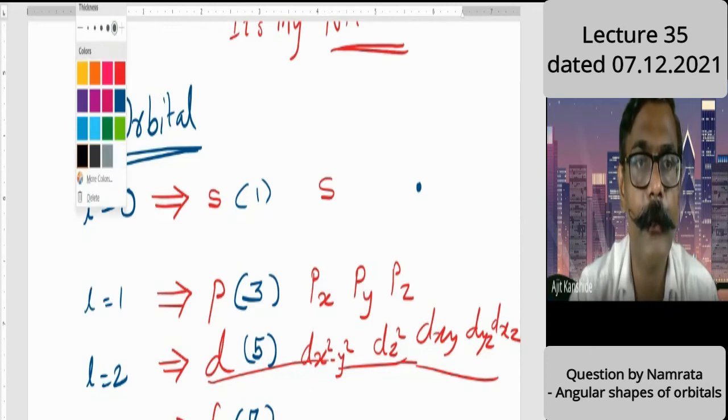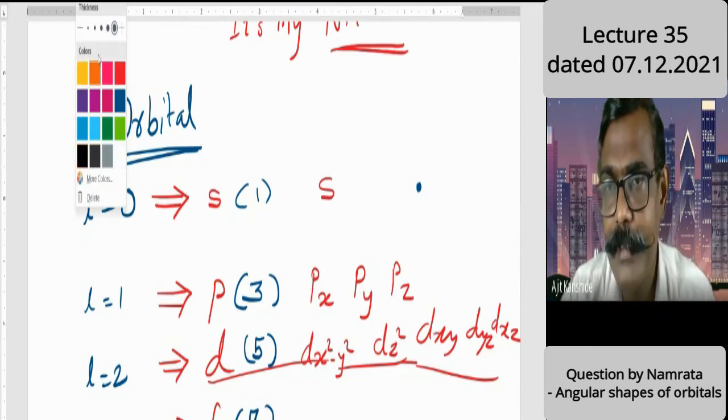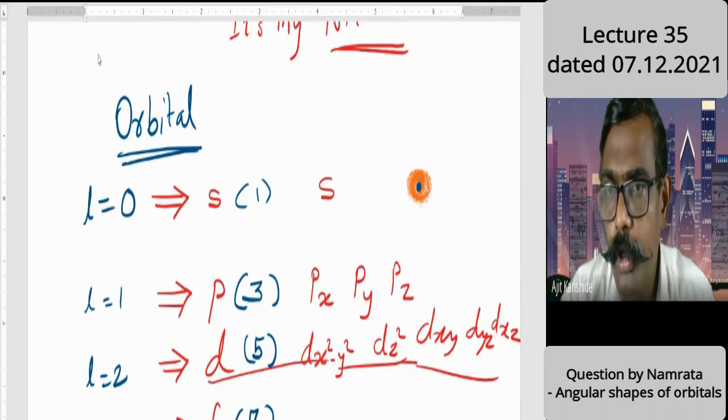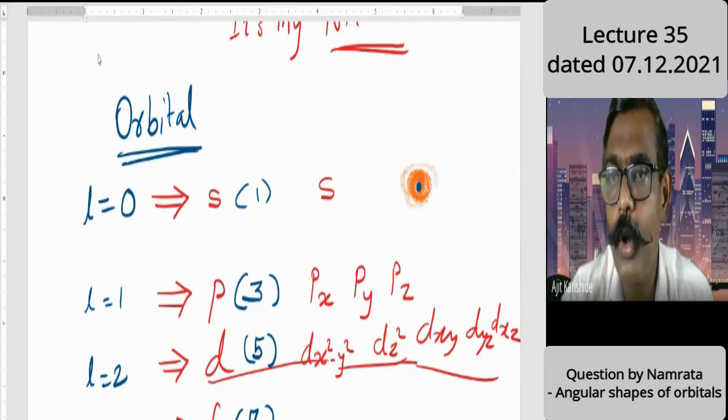And around that, by another color, I represent the electrons. So here are the electrons. At the beginning, you will find large electron density. As you go out, you will find electron density becomes low, low, and at last you will find the electron density ends here, up to here. So what is this?